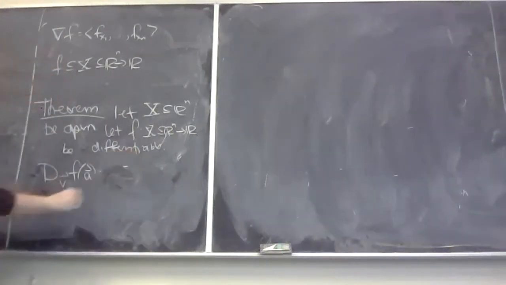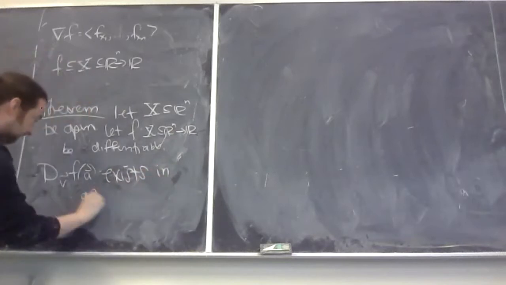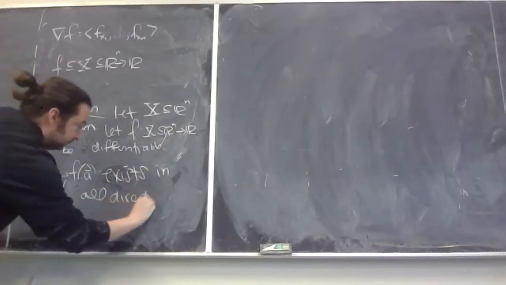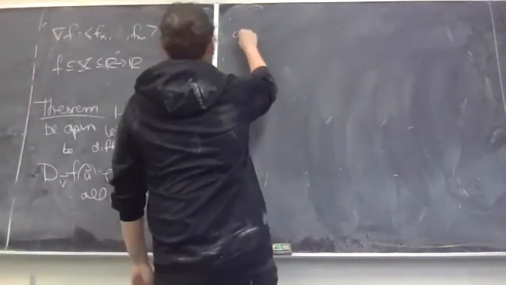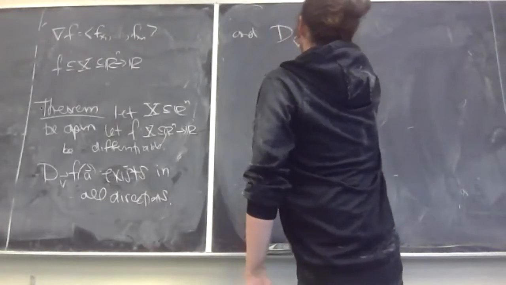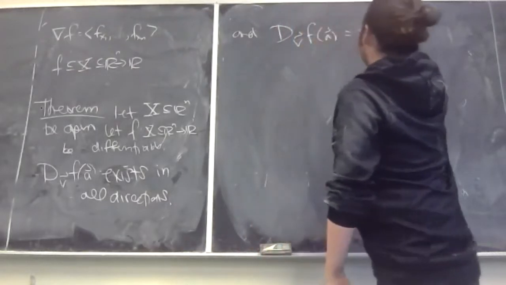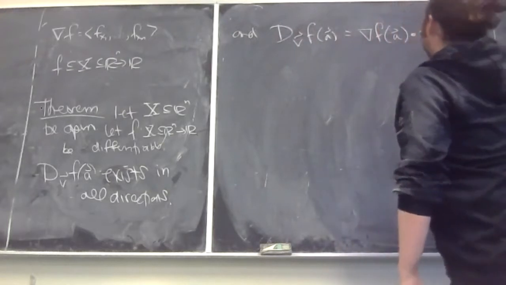I should say that this thing exists in all directions, and I get it by taking the gradient and dotting it with the direction vector.